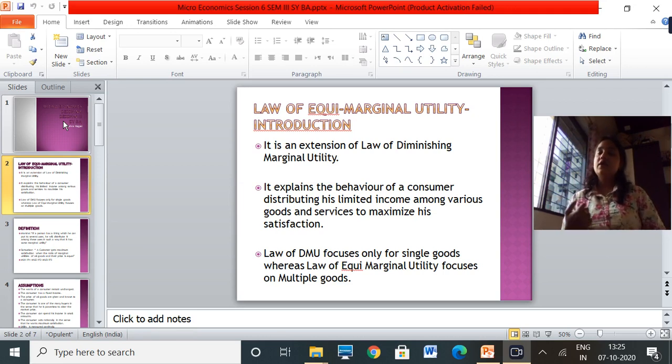The utility is going on decreasing. This was the conclusion that we derived for DMU. So there were two columns.